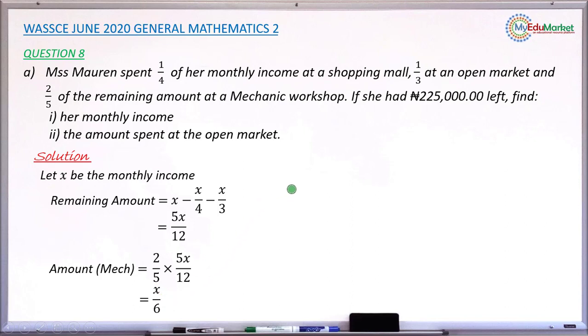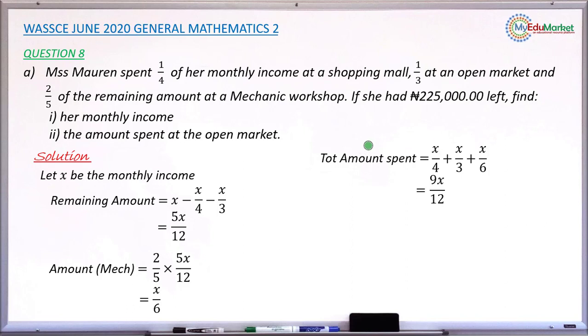Let's get the total amount she spent. That is X over 4 at the shopping mall, X over 3 at the open market, and X over 6 at the mechanic workshop. Adding these three fractions correctly gives 9X over 12 using LCM 12. So what we do is get the amount left.